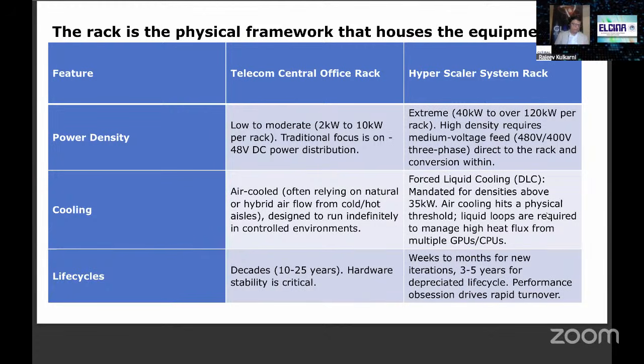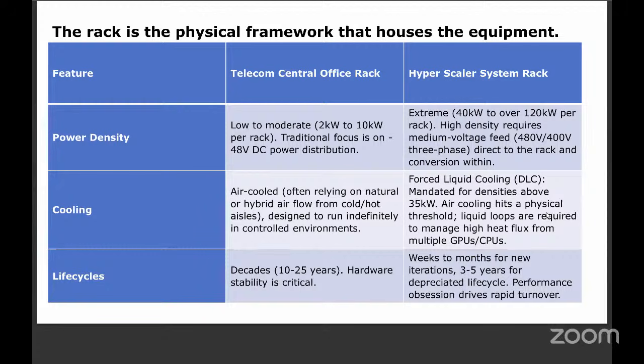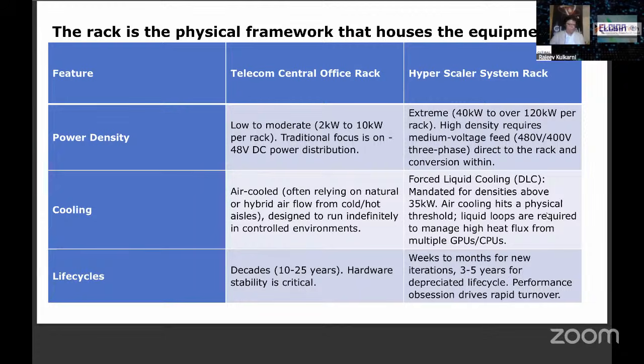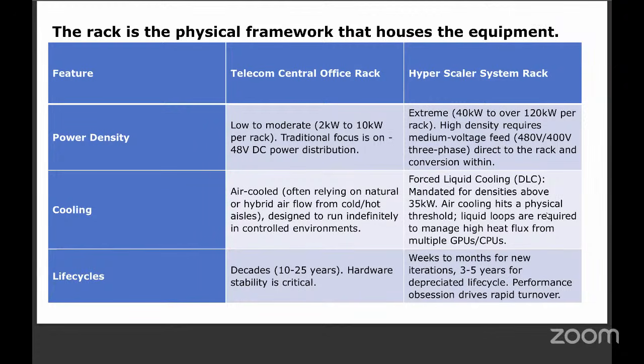Hyperscalers: extreme, 40 kilowatt to 120 kilowatt per rack. You see the difference now. It is almost 100 times. High density requires a medium voltage feed, 400 volts, or even people are using 800 volts sometimes, direct to the rack through bus bars, and you convert within.